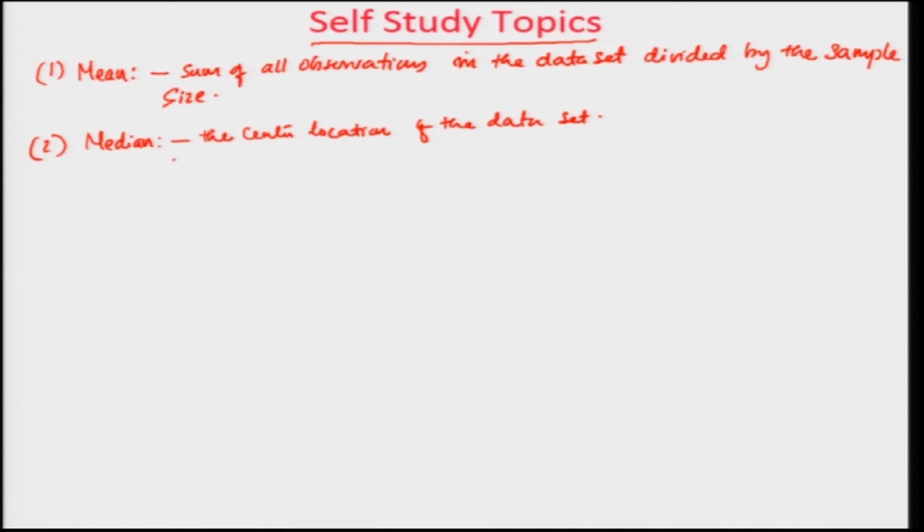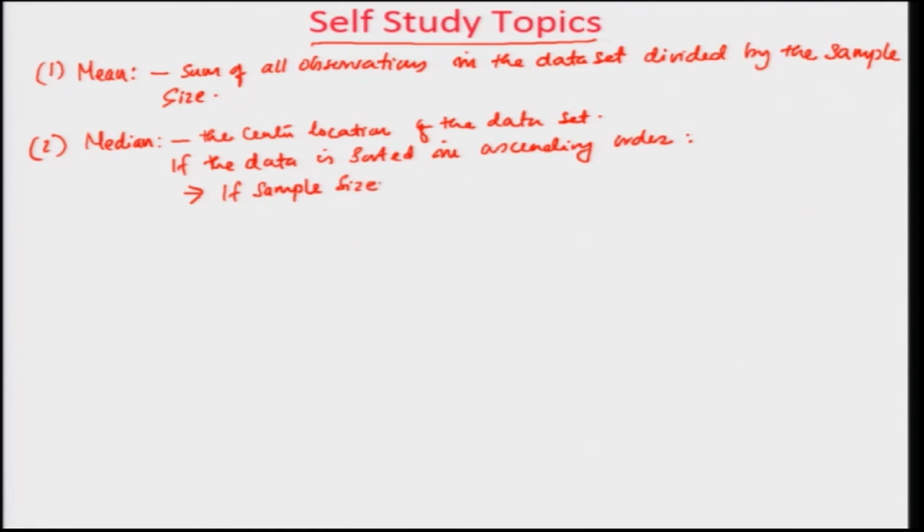Okay. If the data is sorted in ascending order, then number 1, if the sample size is odd, the median is the middle value.